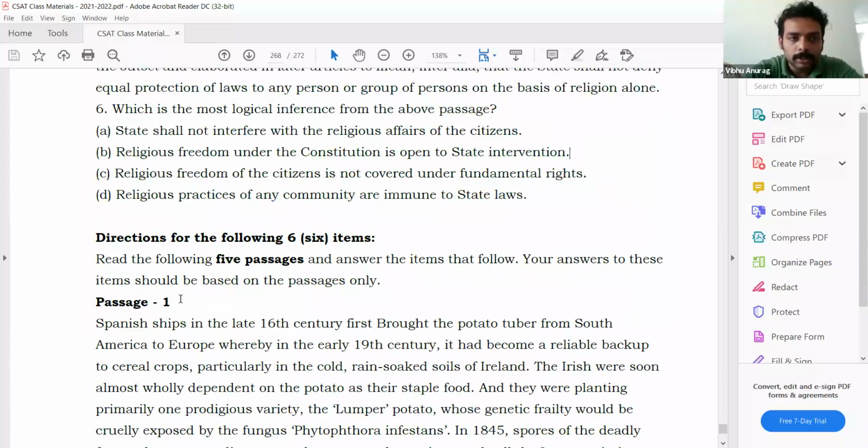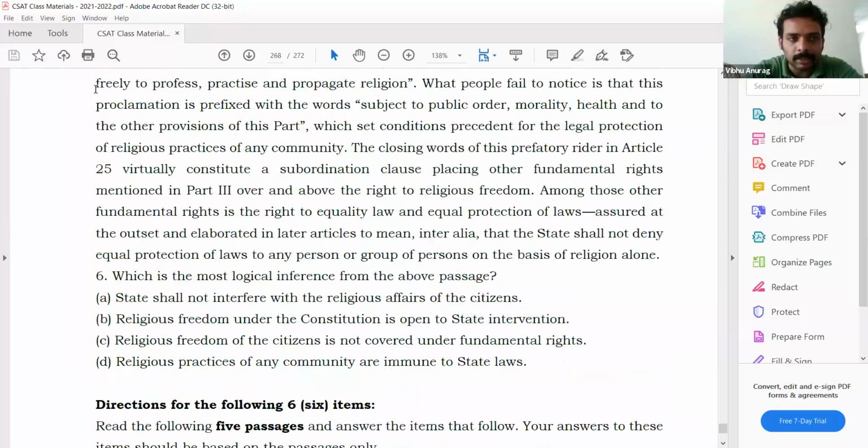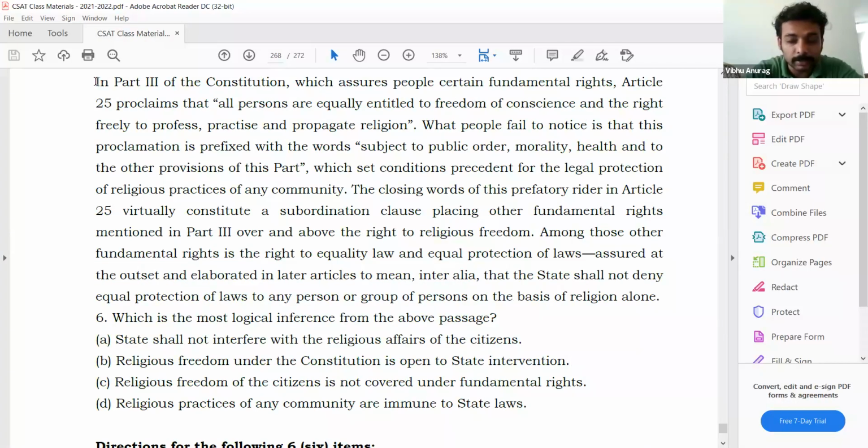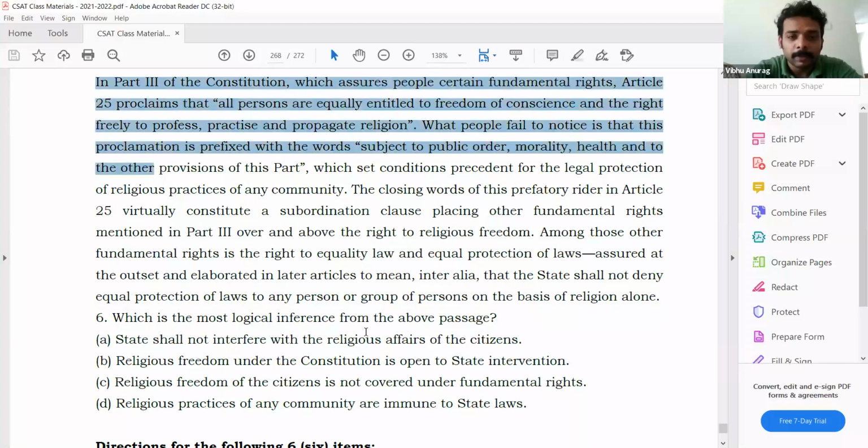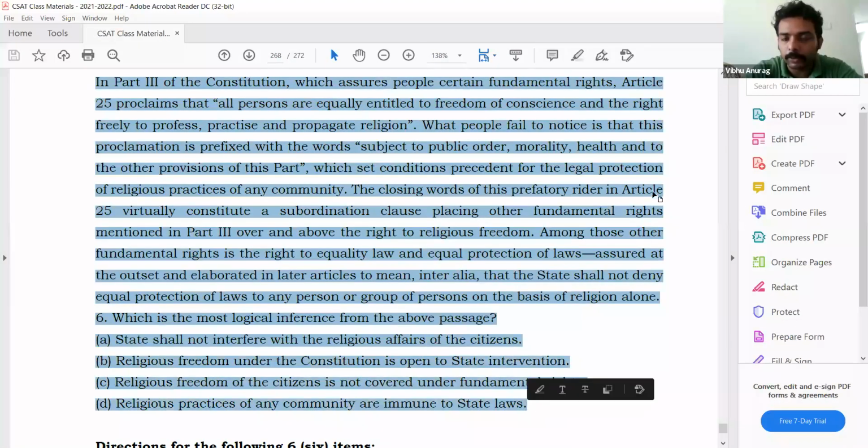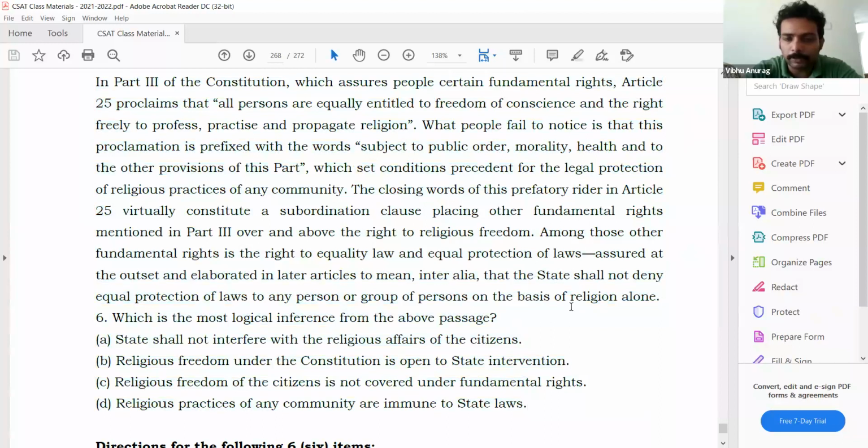Any doubts? And so we have done 19 questions now in this UPSC paper. Out of 19, how many were correct for you?